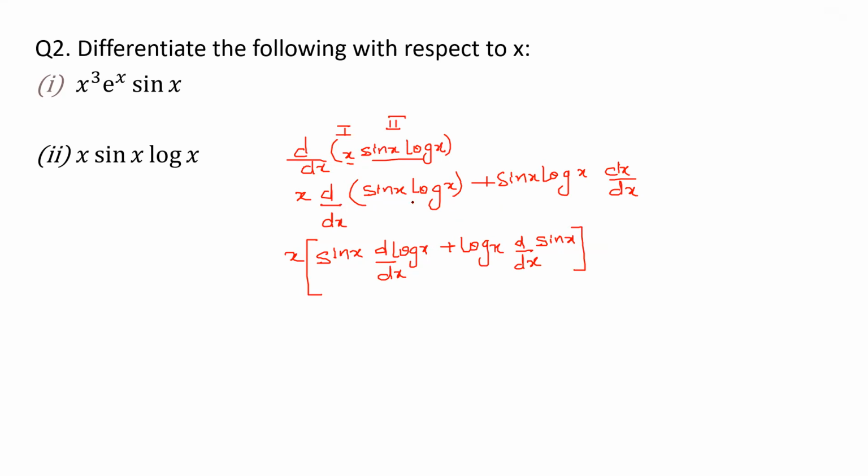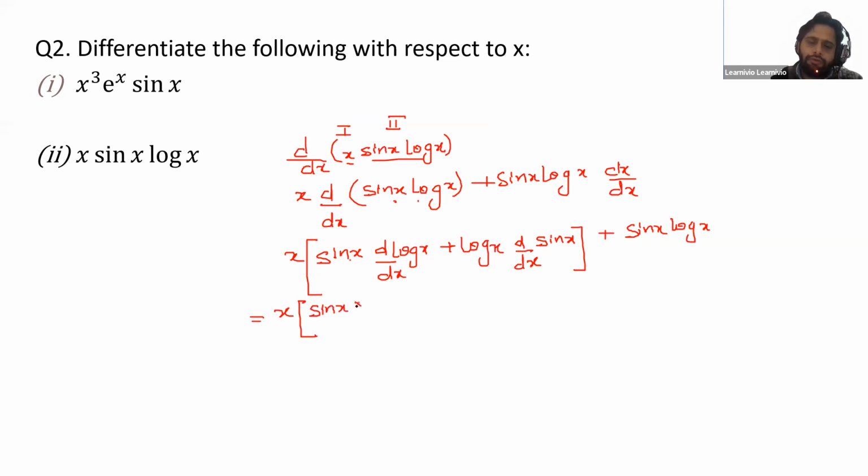Yes, sir. Okay. Now, if you're differentiating this one, then you have two functions again. So this as it is, you'll differentiate this one plus log x and this one plus sine x log x, and dx by dx is 1. This is x. Okay. This is sine x.